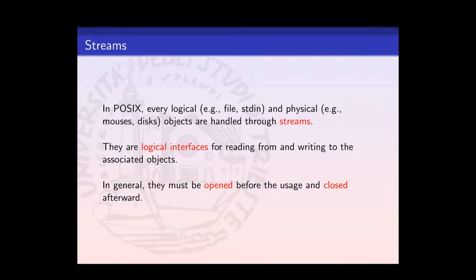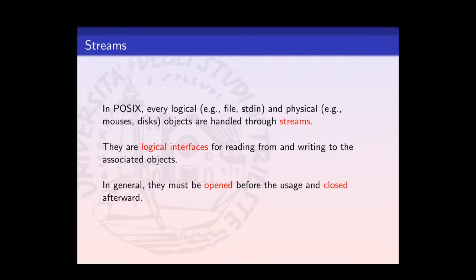Why logical? Because in POSIX every single device is handled by using files. For instance, the keyboard is a file from the point of view of the operating system. It may be the case that you can read exclusively one character at a time. But if you want to read a file, you are not interested in reading it one character at a time.